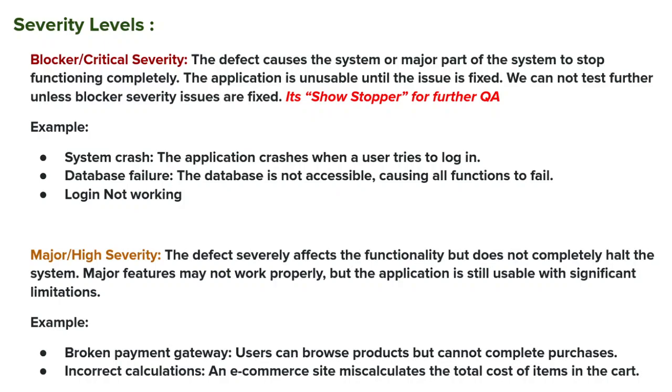So we should immediately log that blocker severity issue because it's a showstopper for further QA. Unless and until that issue gets fixed, we cannot perform any other type of testing on that build. So it is a showstopper issue for the QA build.